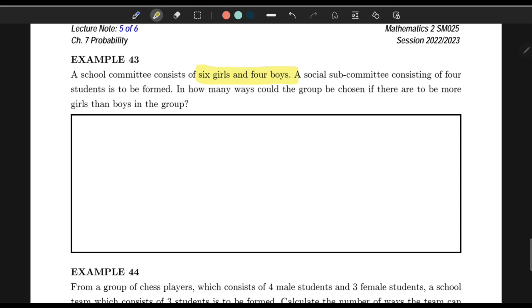A social subcommittee consists of 4 students is to be formed. In how many ways could the group be chosen if there are to be more girls than boys in a group?